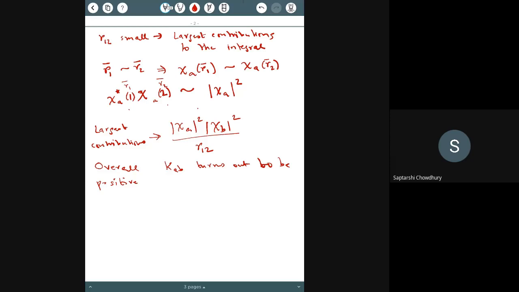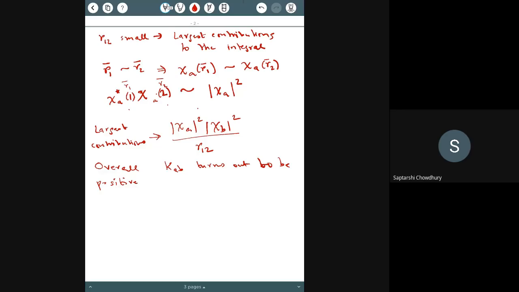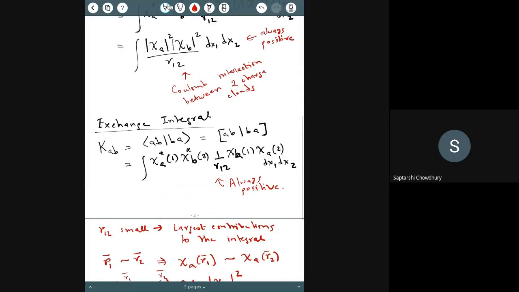So since the largest parts are positive and the smaller parts are either too small to destroy the sign of the overall integral, or they also cancel among themselves since they have equal probability of being positive or negative, the integral becomes positive. So in the Coulomb case, every element is positive in the integral.